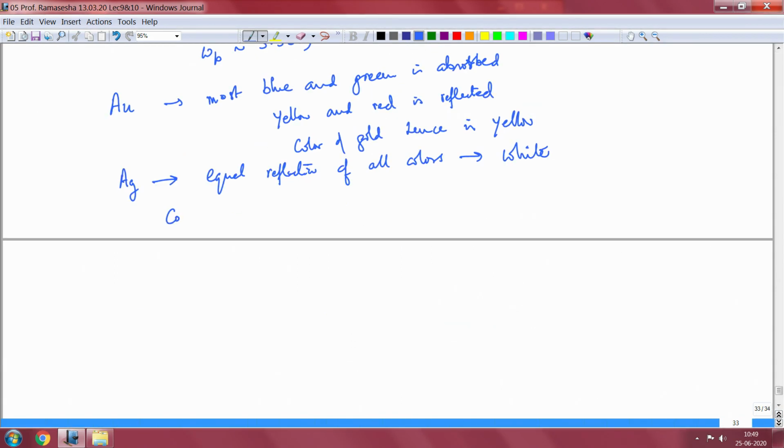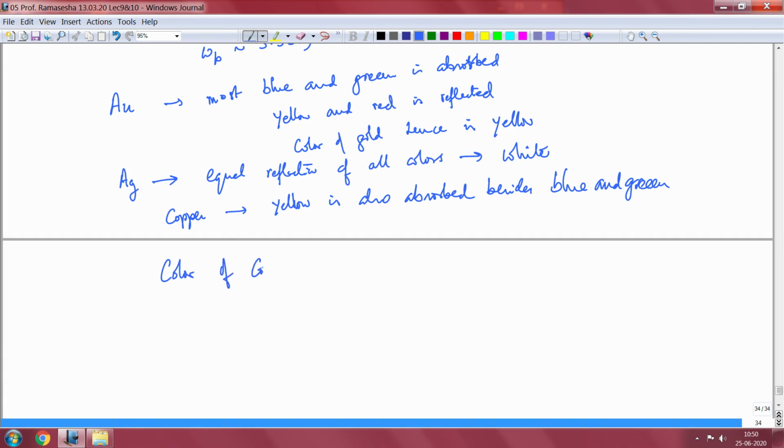In the case of copper, yellow is also absorbed besides blue and green, and so what is left behind is red, and so the color of copper is hence red.